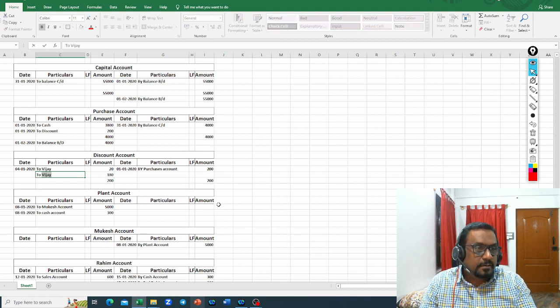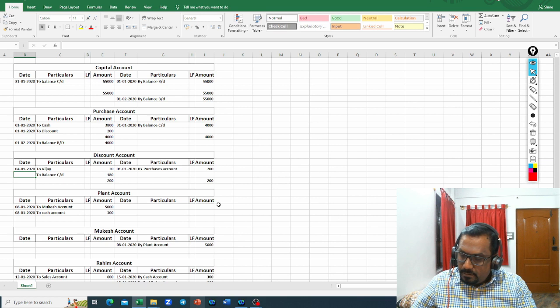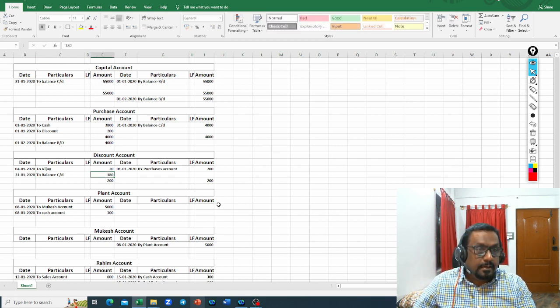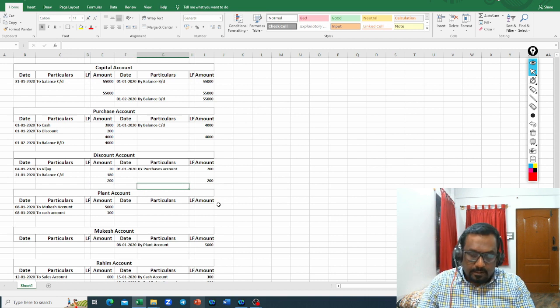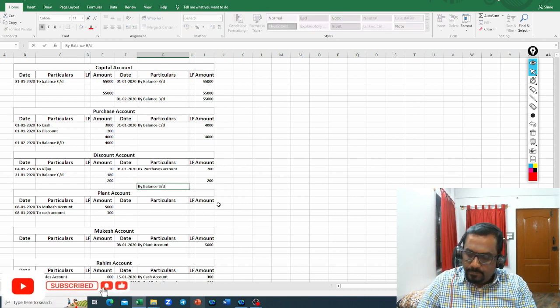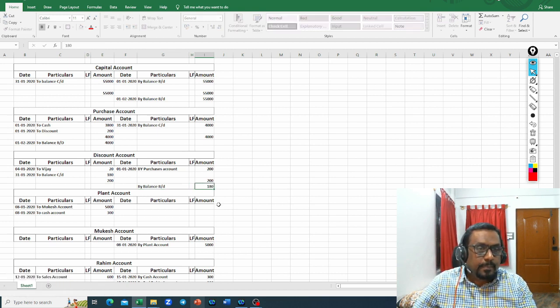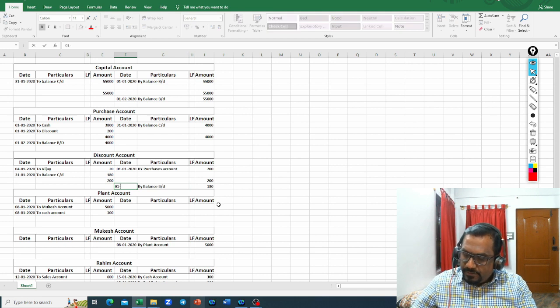To balance carried down on 31st January 2020. Then you need to bring in by balance brought down 180. This is on 1st February 2020.